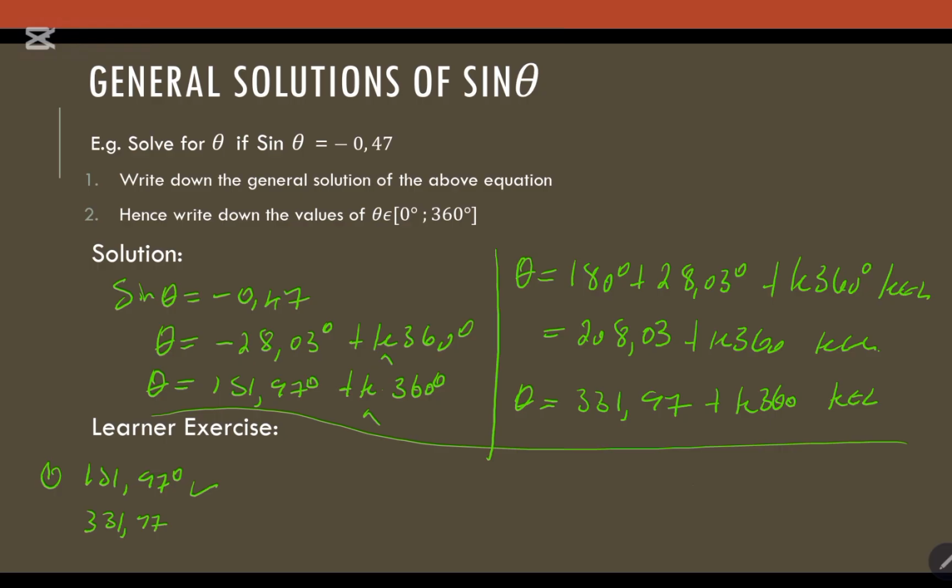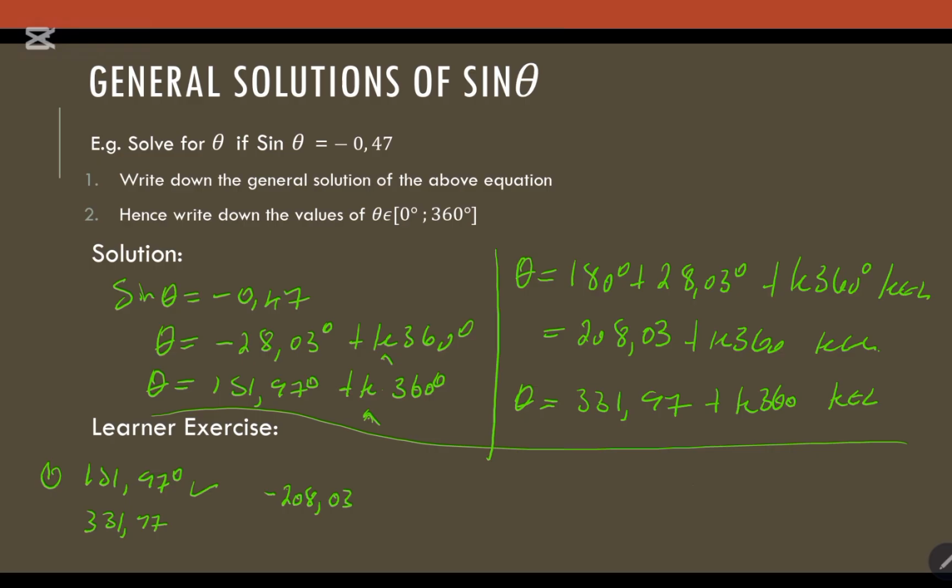Now, if I go to the first equation, I replace K with 1. Okay. In the second equation, I replace K with -1. That will give me 151.97 minus 360, and that gives me the other angle of negative 208.03.